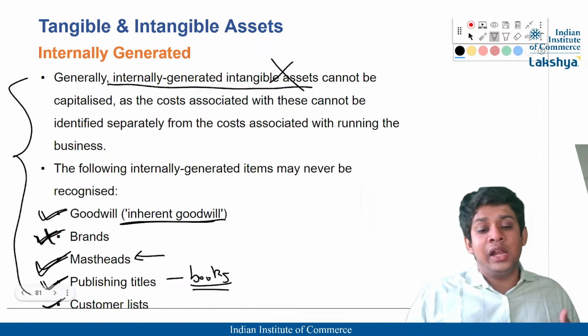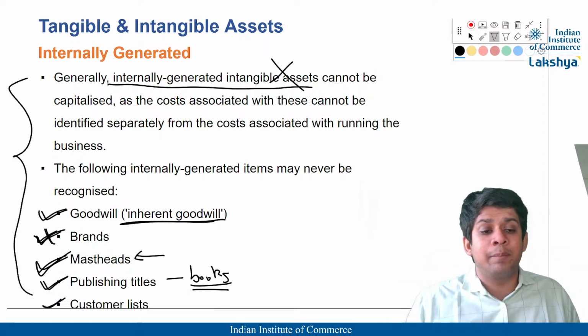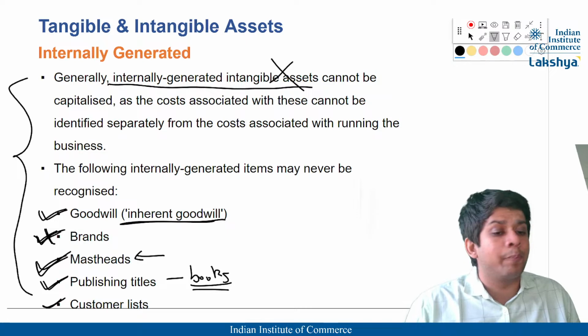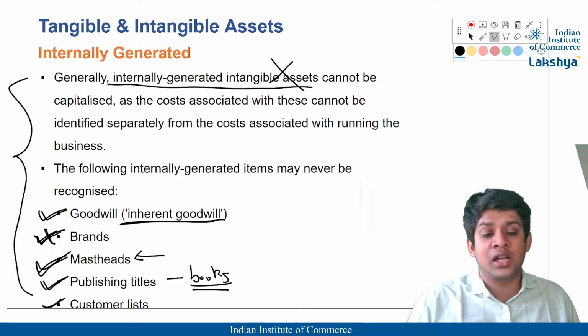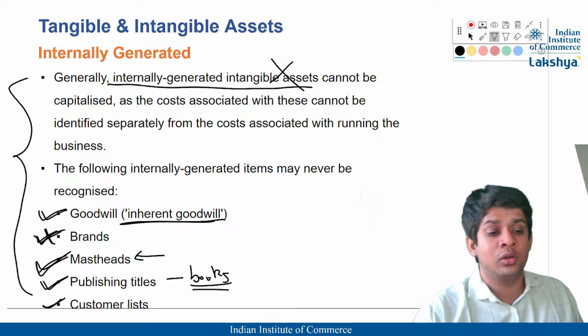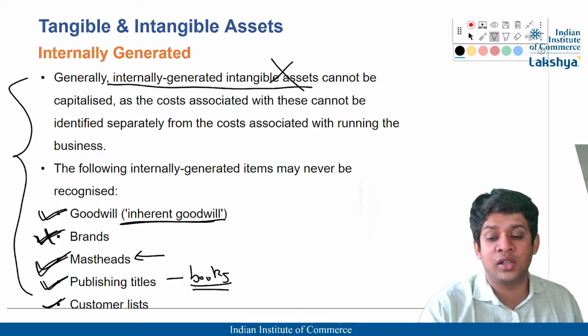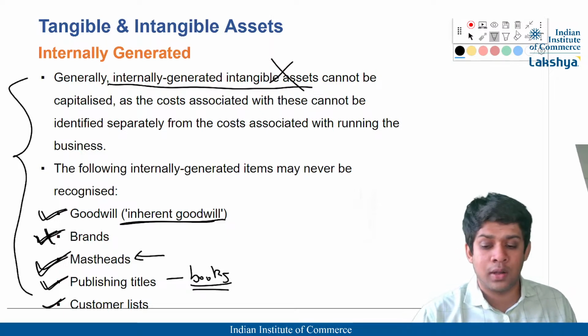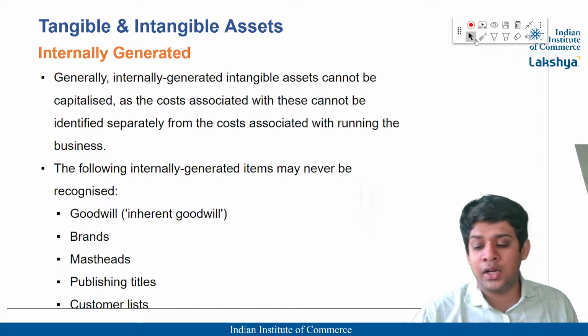It is internally generated because over the years the company has got a number of customers it has been in contact with, and they have now become interconnected with the company. It is the list of customers from which the company would establish, or generate, more economic benefits at a future date. That is also an intangible asset, but not a recognizable one because it is internally generated. It cannot be separately sold. Then lastly, what is inherent goodwill?